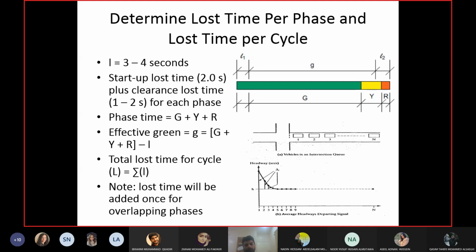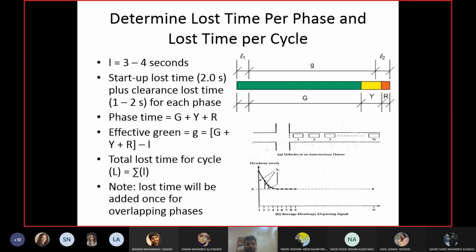As you go along the queue, the remaining vehicles, the 5th and the 6th and so on, take less time to pass the stop line. Lesser time meaning that the headway between them, the time interval between them, is less.